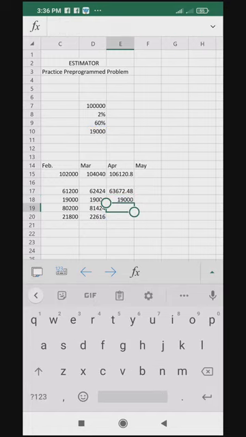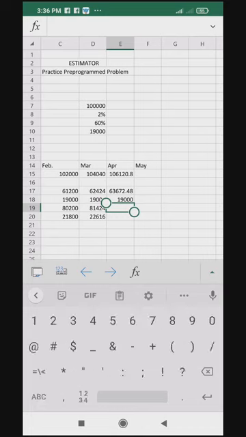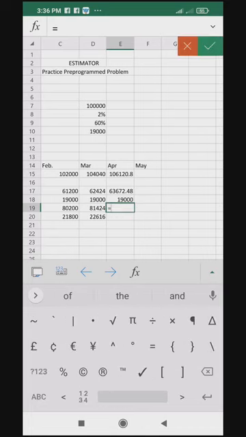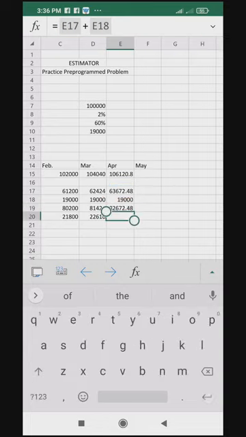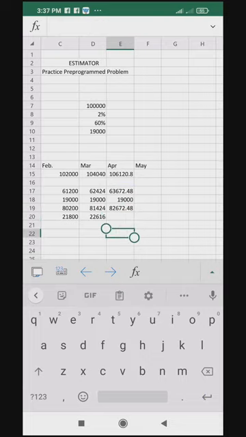And the general expenses is equal to D10, which is 19,000. And the total expenses for the month of April is equal to E17, which is the selling expenses, plus E18, which is the general expenses, equal to 82,672.48.